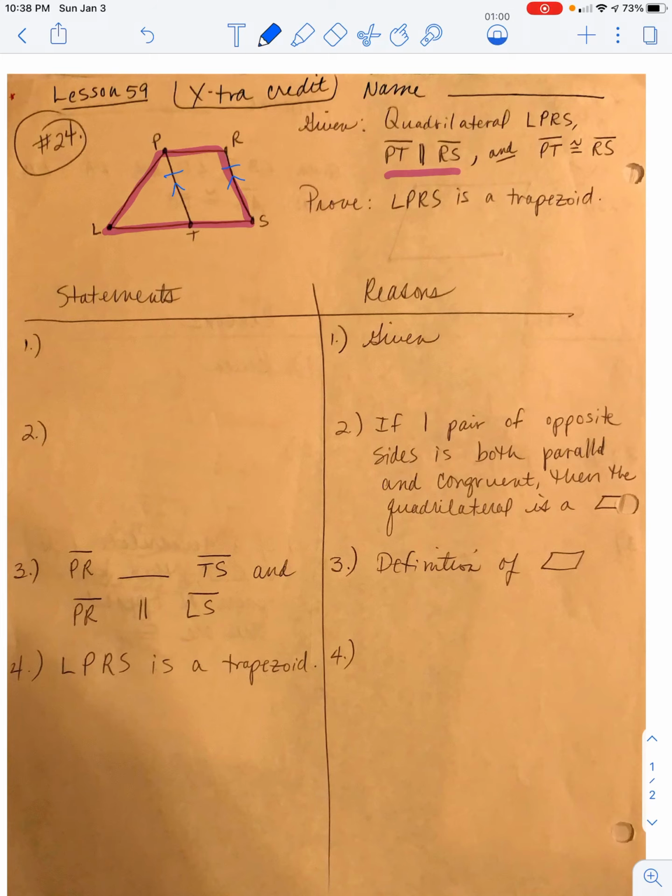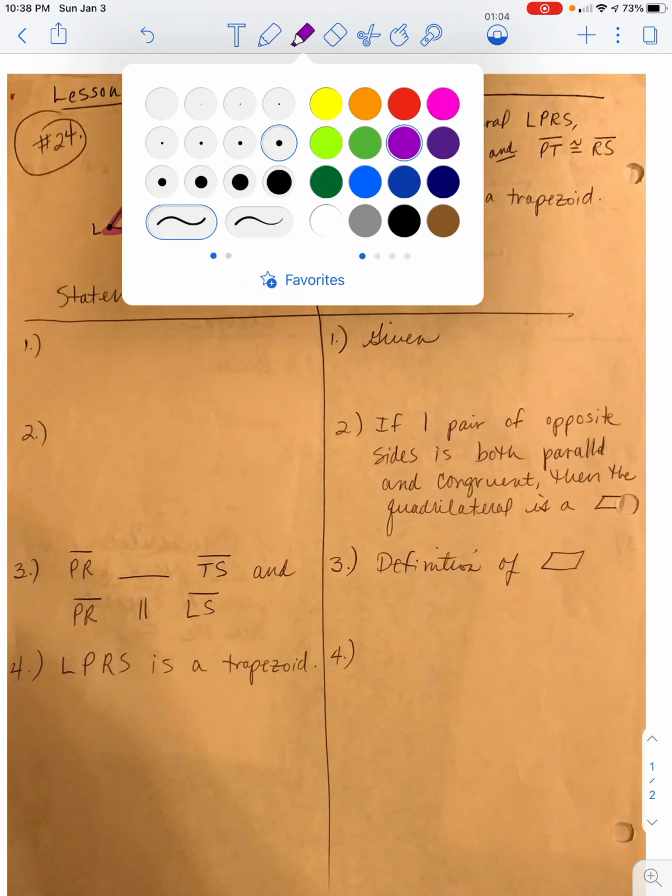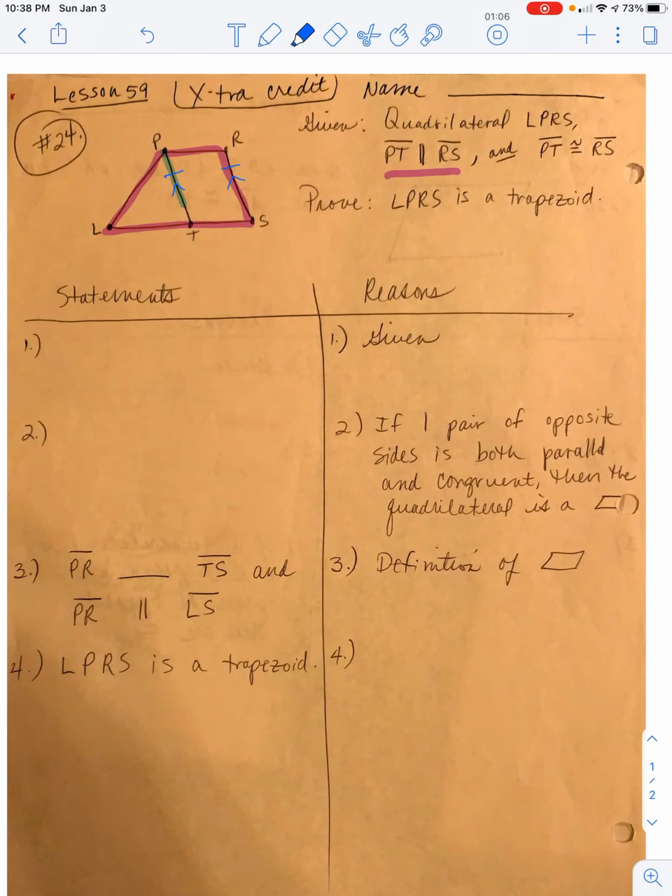Alrighty, so that's kind of cool because now what I see here from that is, and I'm going to mark this in a different color, this right here looks to be a parallelogram, because the opposite sides are parallel and congruent.